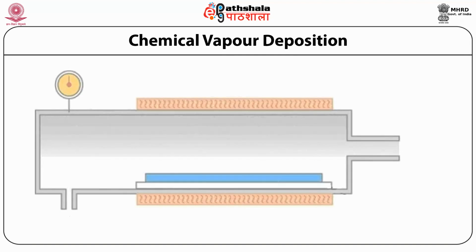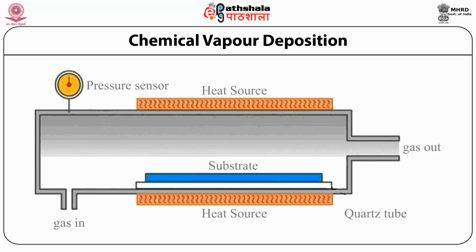Chemical vapor deposition, which is shown clearly in this figure. Chemical vapor deposition, CVD, is used to deposit solid material onto a substrate.